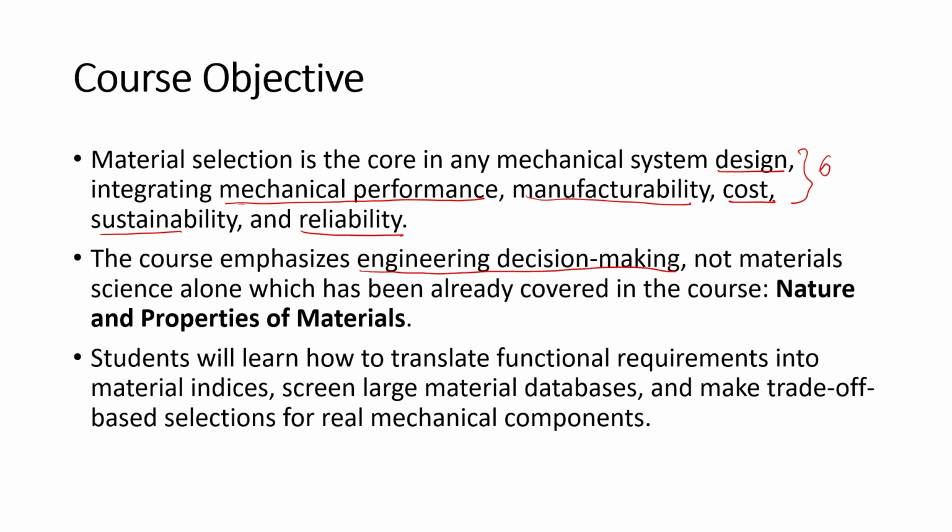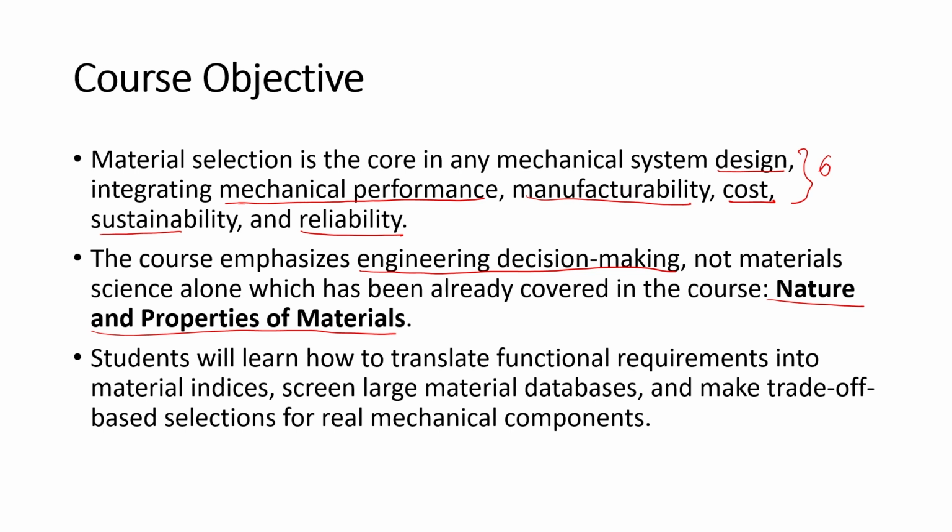Remember that it is not just material science alone which will help you do it, because that I have already covered in another NPTEL MOOC course on nature and properties of materials. That course covers the ideas of material science, but here those ideas need to be integrated for mechanical performance, manufacturability and all the other 6 criteria that I talked about.